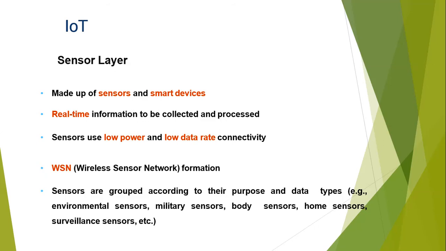Sensors are grouped according to their purpose and data types, such as environmental sensors, military sensors, body sensors, home sensors, surveillance sensors, and other sensors which connect with the processing unit. Also there are sensor aggregators and gateways, and networking connectivity needs to be provided from source to destination.